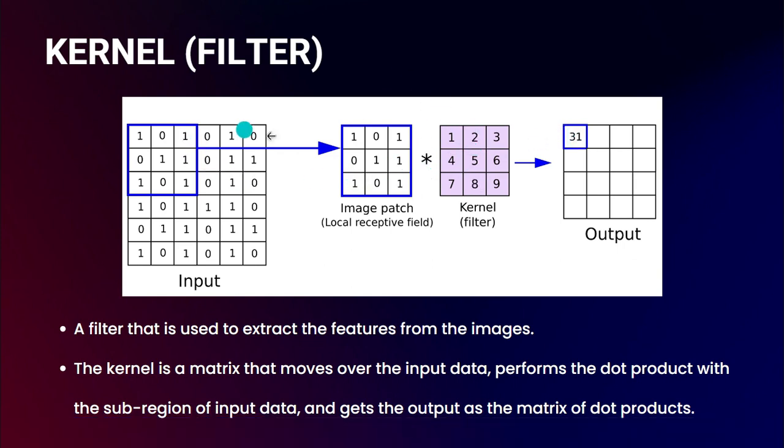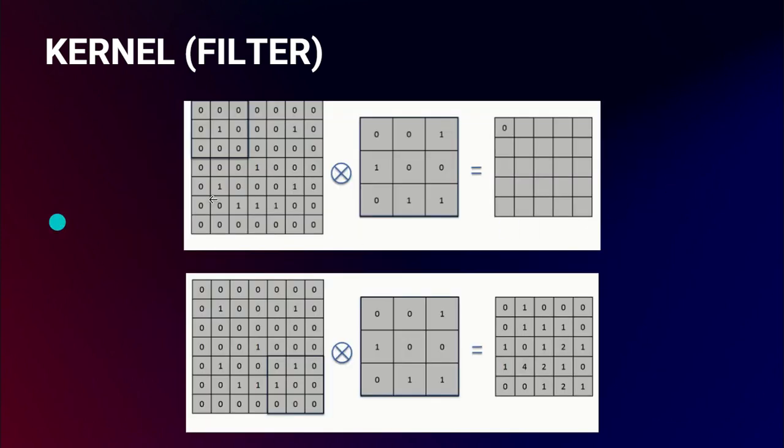Then what will happen? How is this value filled? This kernel will move to the next 3. It will move one step, take the next 3, and the same kernel is applied and the value is stored here. Likewise, it will fill. See here, this highlighted portion is taken and the filter is applied and the output is stored here.